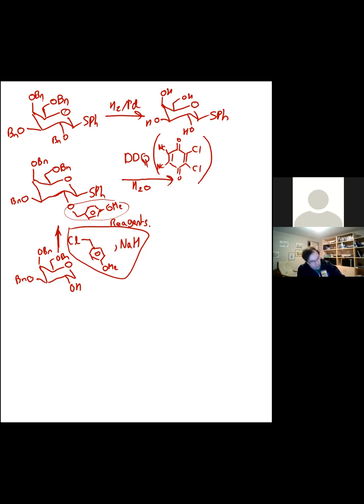So what is going on here? Well, we're going to move some electrons around. What we're going to do is transfer an electron from DDQ to the sugar. So what does that look like? I am going to draw down here.